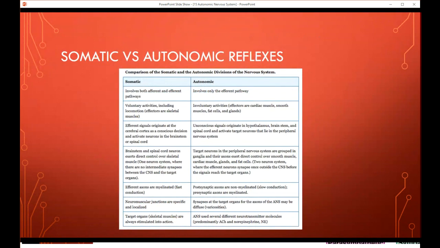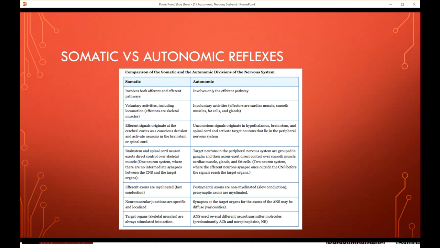So let's talk about the differences, right? Somatic involves both an afferent and an efferent pathway, meaning that we have an arrival of a signal coming through and then we're sending a signal back out to our motor response, right? In the autonomic case, it only involves an exiting signal or an efferent pathway. The somatic is voluntary activity, so locomotion. The effectors are our skeletal muscles. But in the autonomic response, it's not.